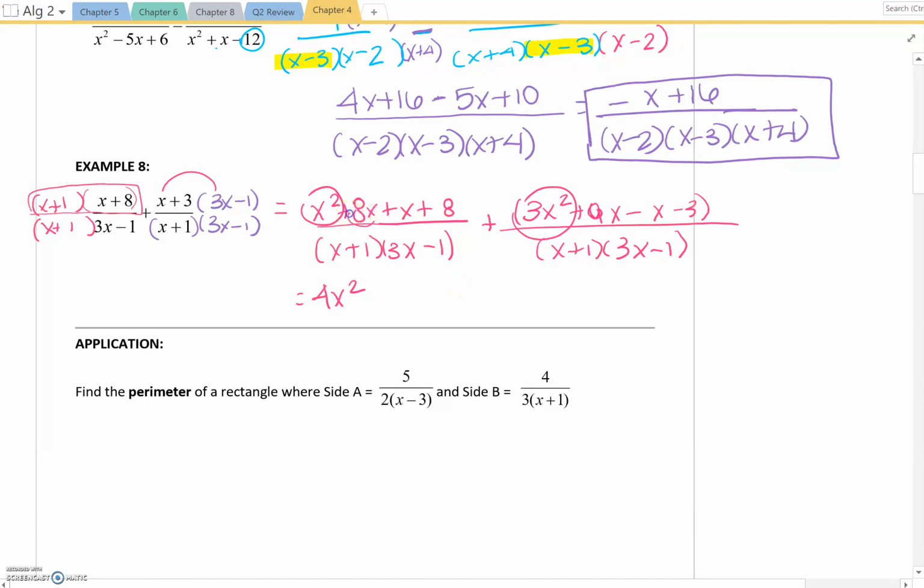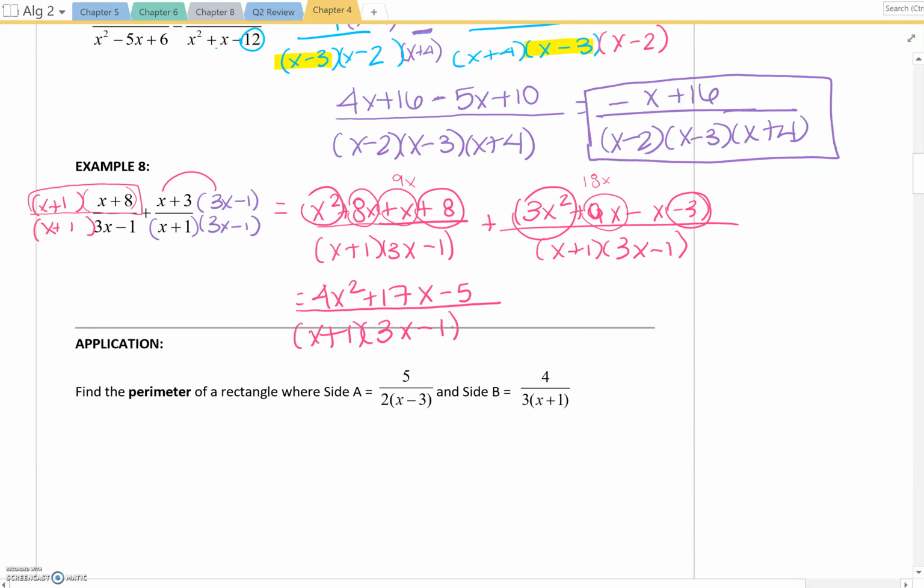I have 8x plus x, so that's 9x, plus 9x, that's 18x, minus 1, that's positive 17x, and then I have positive 8 minus 3, which is negative 5, over x plus 1 times 3x minus 1.